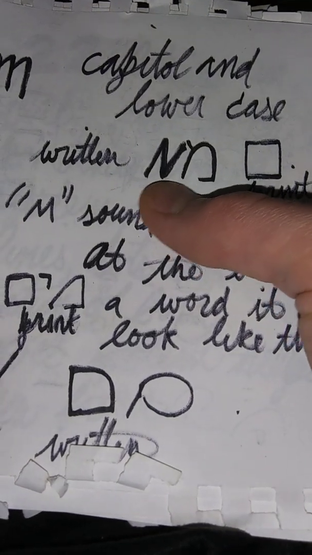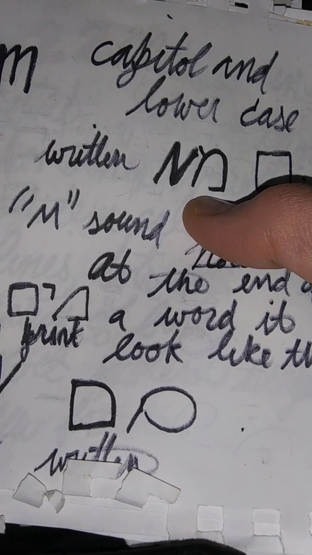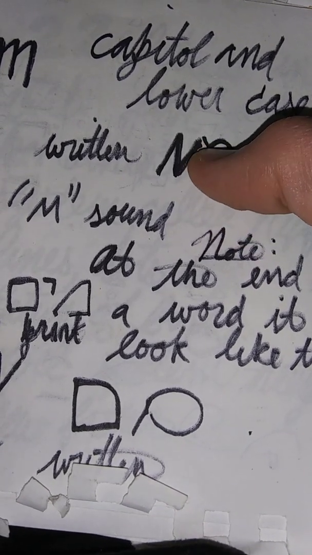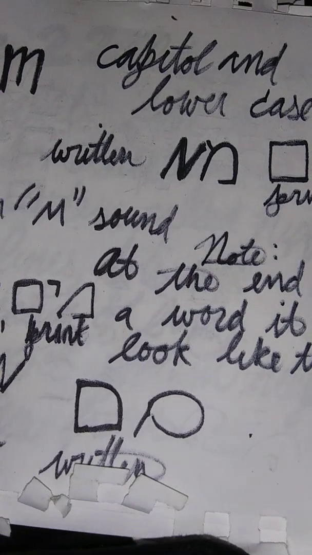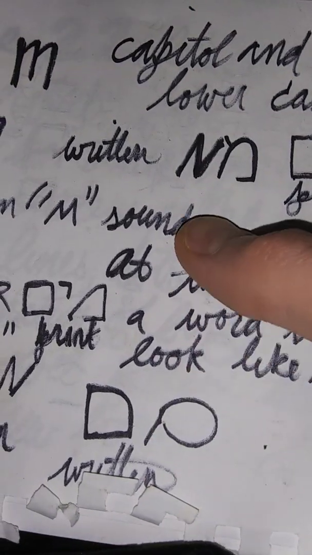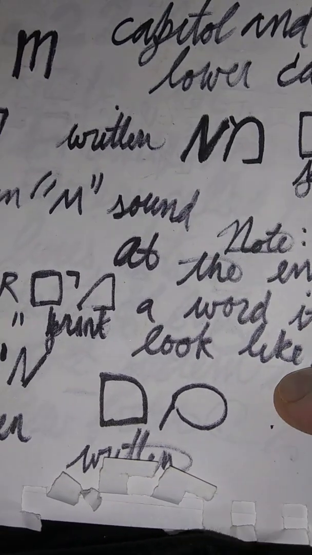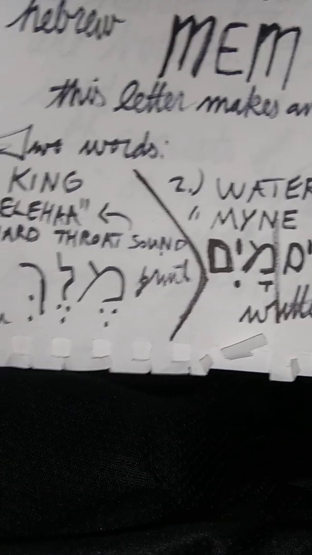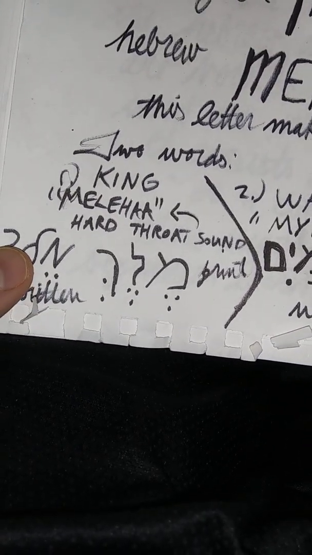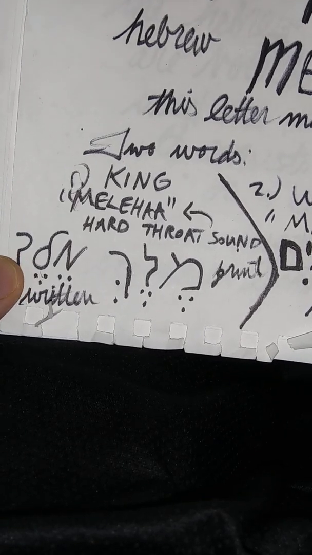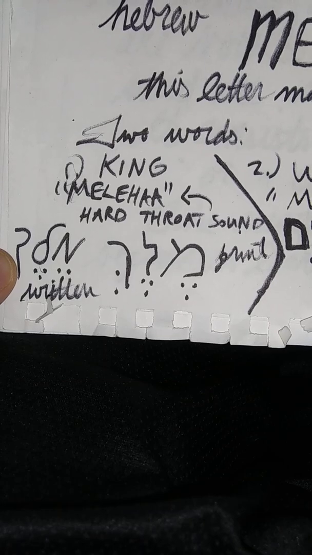And the written, so it looks like maybe like an entrance with a little comma at the top. And then this one actually looks kind of like an N slanted. Okay. So, 2 words we can learn with this letter, this new letter.